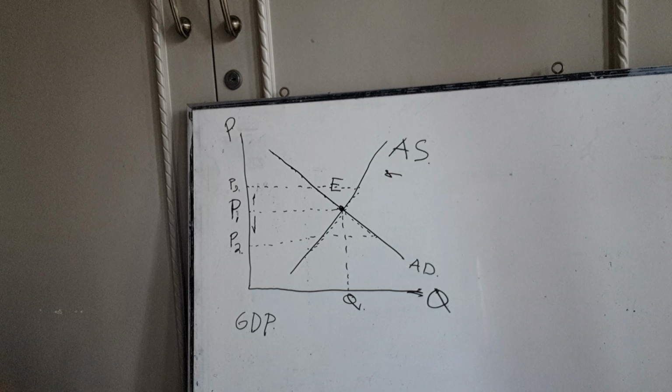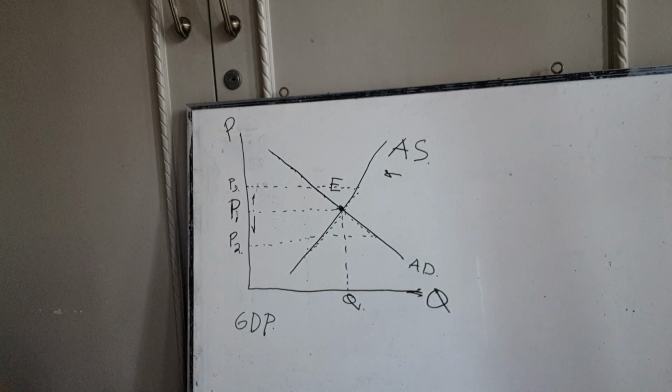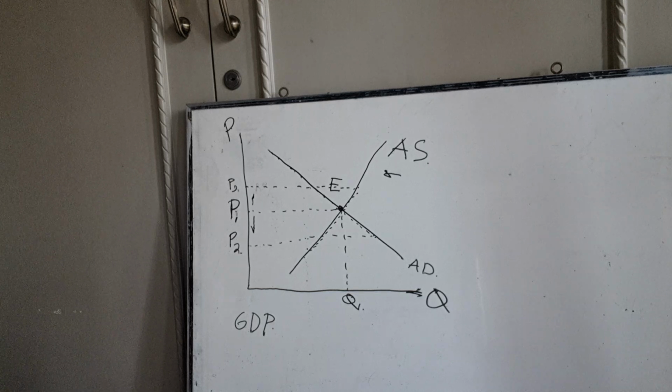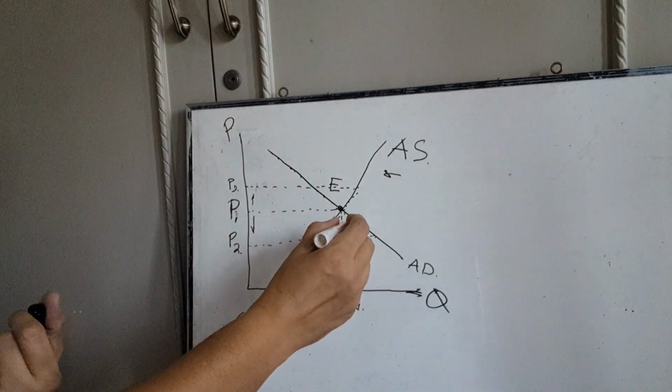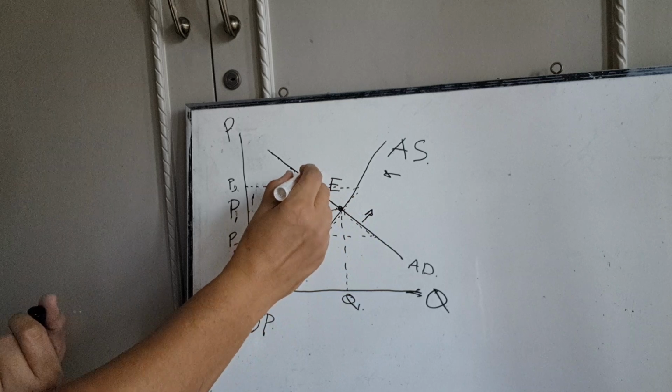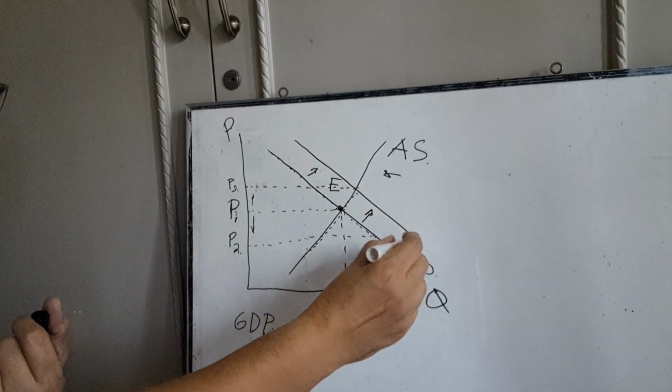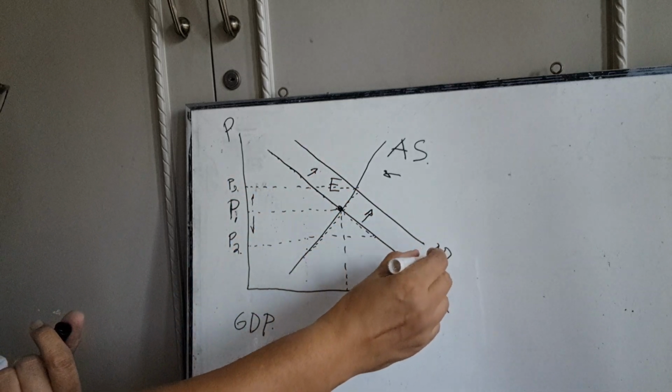And what makes the aggregate demand shift? Usually the aggregate demand shifts to the right. Let's say this is aggregate demand one.